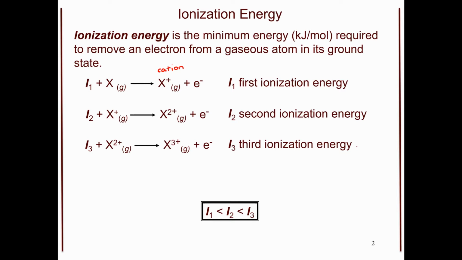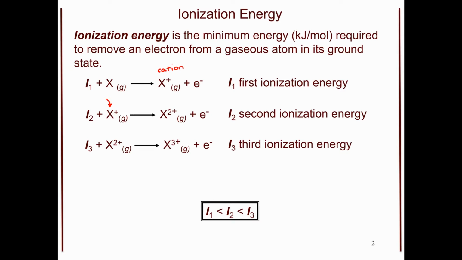So then when I have my second ionization energy attempt, I am trying to remove an electron from a positively charged entity. That is going to be much harder. So just imagine that removing an electron is going to increase the effective nuclear charge. Increasing the effective nuclear charge is going to raise the ionization energy because we're going to need more energy in order to remove the next electron.